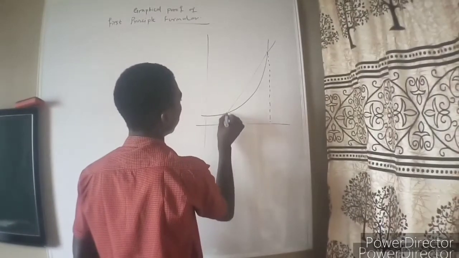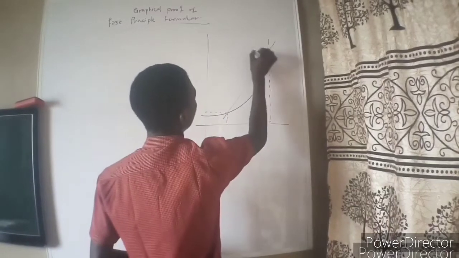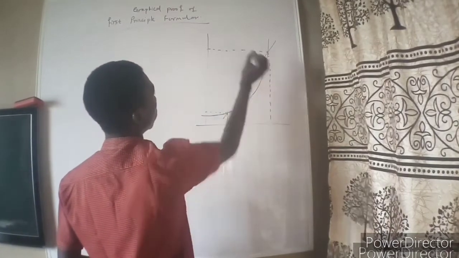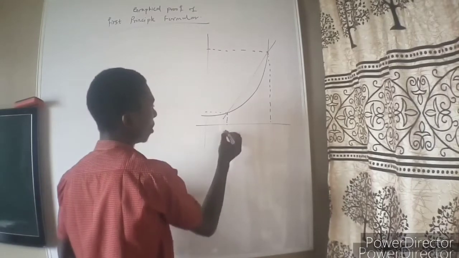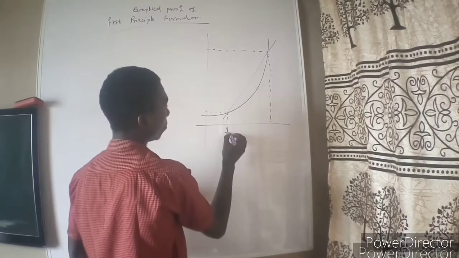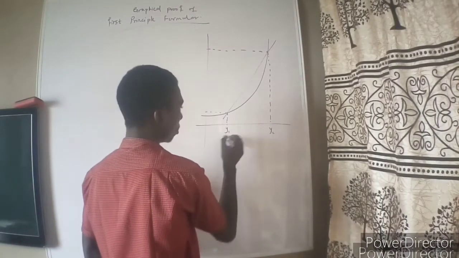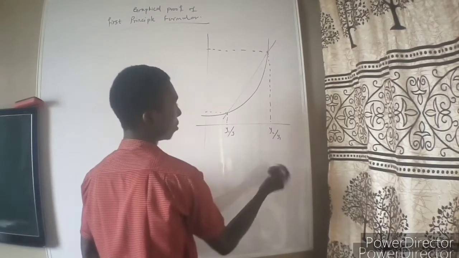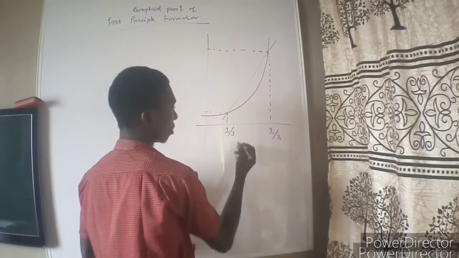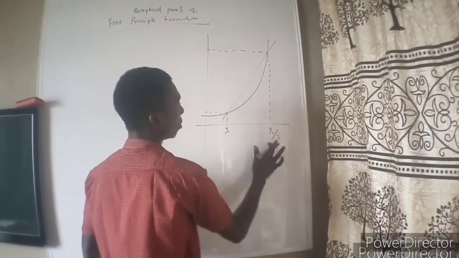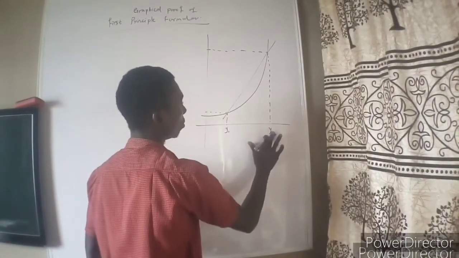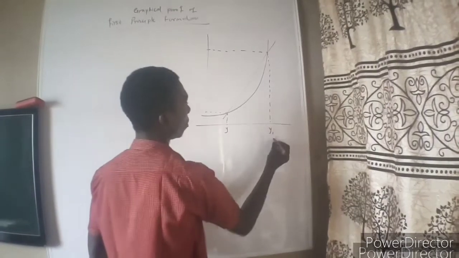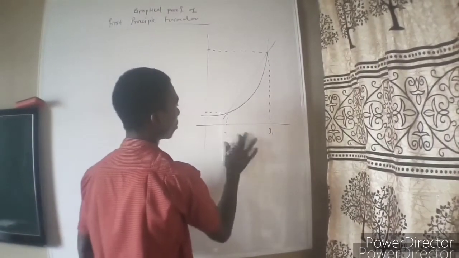So I have it like this. Okay, let me say my y1, my y2. It can also be referred to as my y and my y1, whichever way. Or better still, let me just use my y and y1. Sorry.